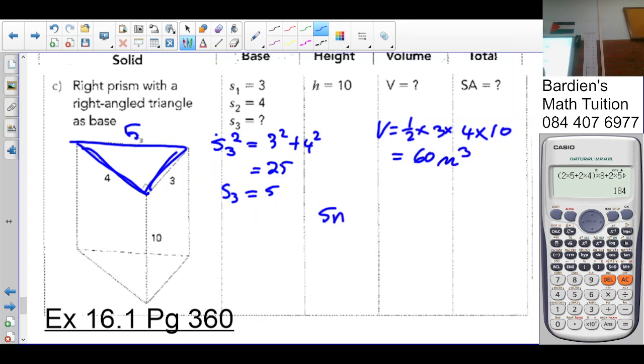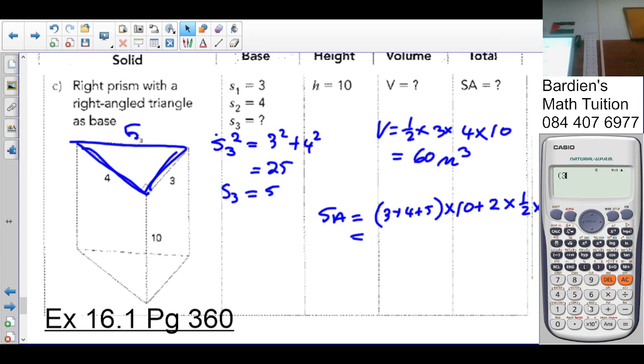The surface area is going to be perimeter of base times height, which means to say the sum of all the sides of the triangle, which is 3 plus 4 plus 5, times the depth of the object, which is 10, plus 2 area of base, which is a half, base, which is 3, times height is 4.